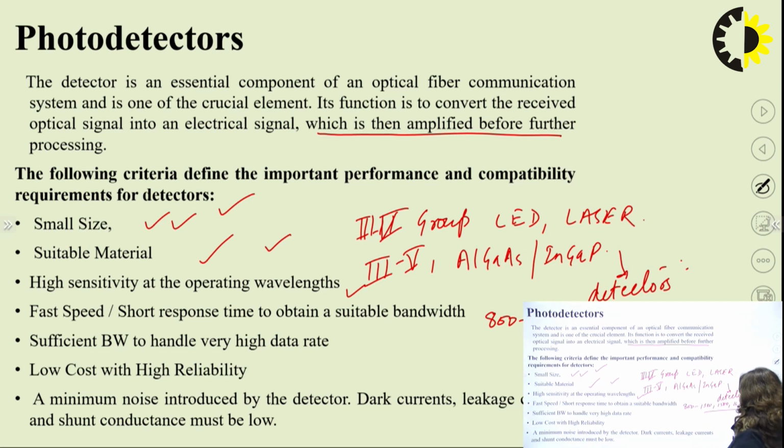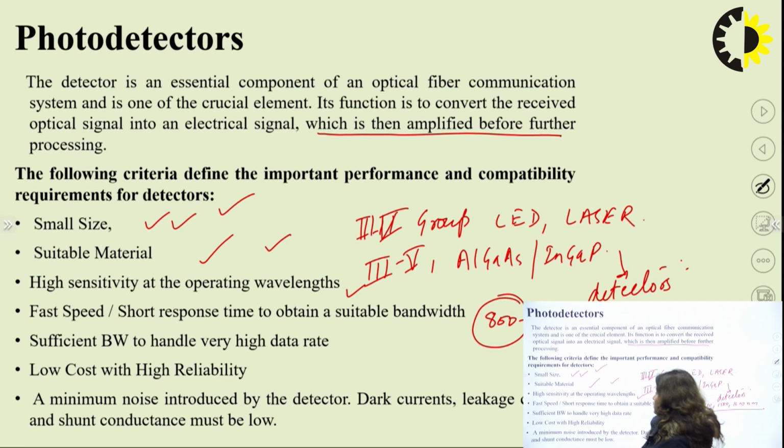In these high ranges of wavelength it must be highly sensitive, and also at the lower wavelengths like 800 to 900 nanometers. It has fast speed and short response time to obtain a suitable bandwidth, sufficient to handle very high data rates.